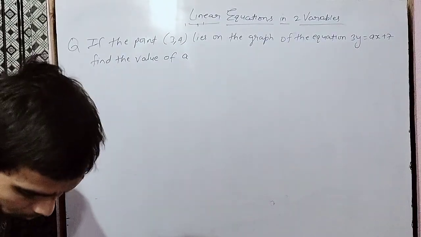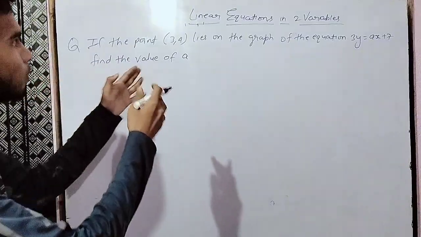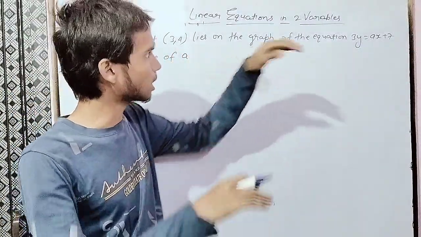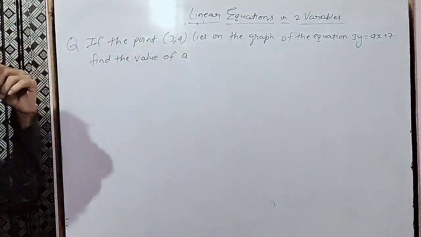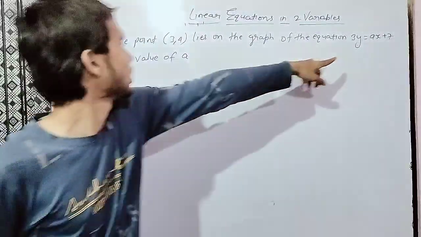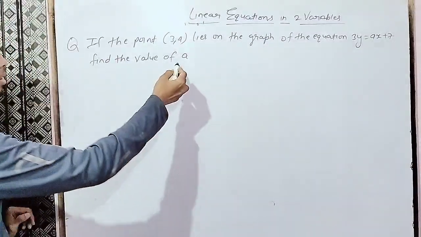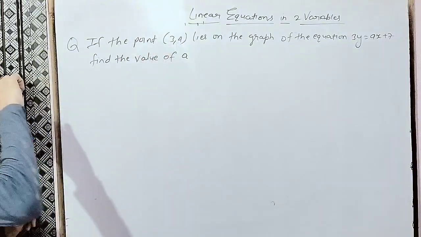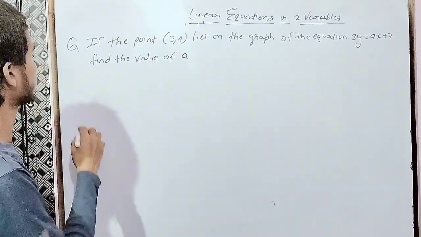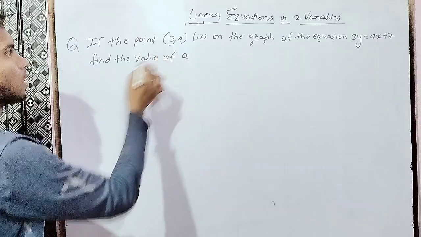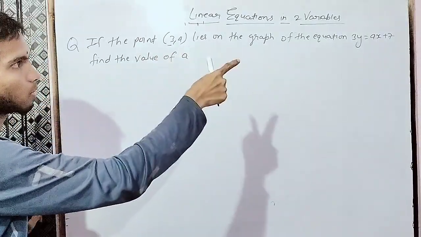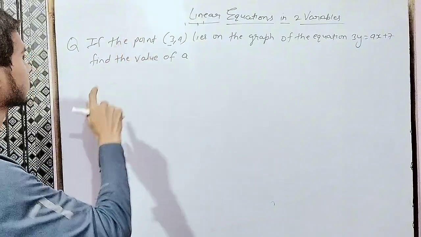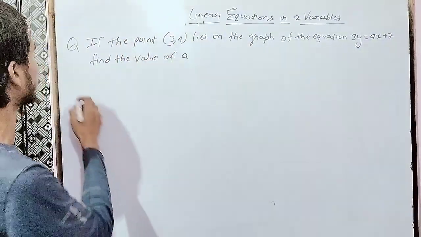The question is the same: if the point lies on the graph of the equation, this is the equation, and we are going to find what is the number in place of a. Just we will put 3 in place of x and 4 in place of y.